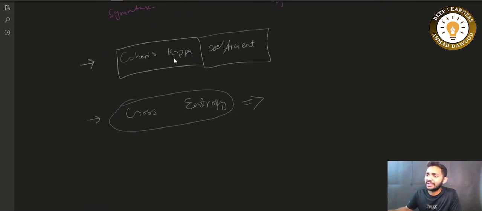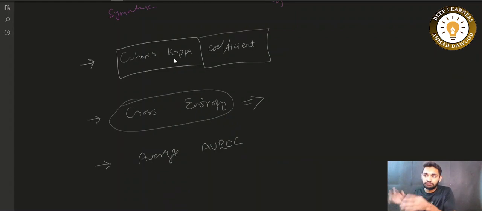Also, there is a measure like I have discussed before: the average area under the ROC curve. People are also using that, after calculating the area under the ROC curve with respect to each class, by constructing the confusion matrix.